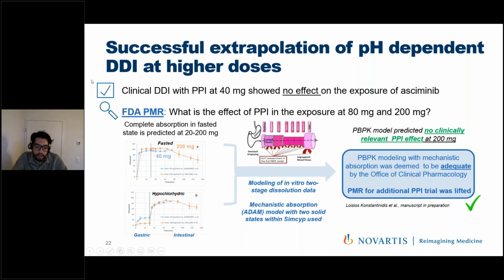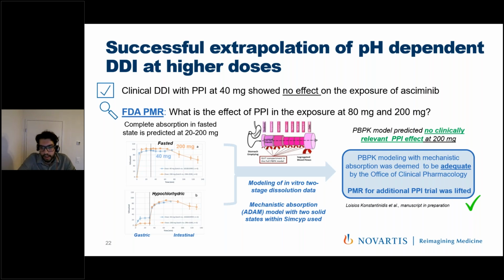And this information, along with particle size and solubility information, was used all together to develop another model within SimCyp, using two solid states to handle the hydrochloride salt that the drug was formulated as, and also with modeling of the in vitro data within SIVA.